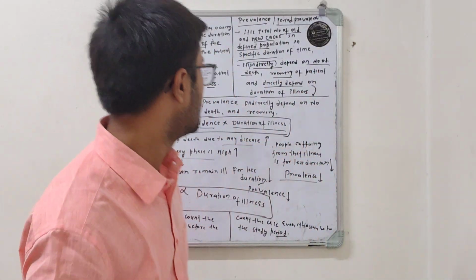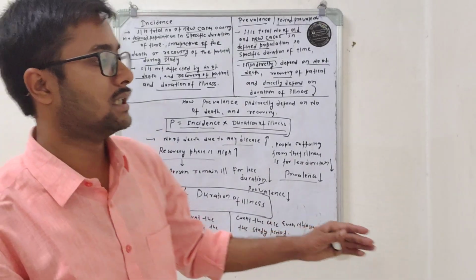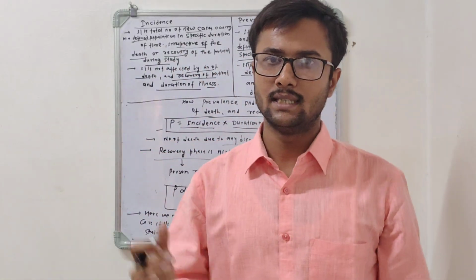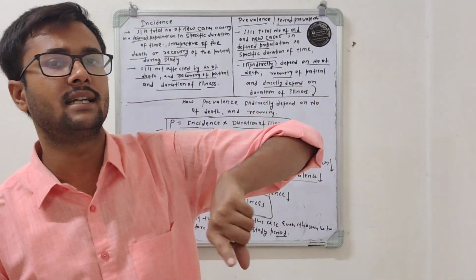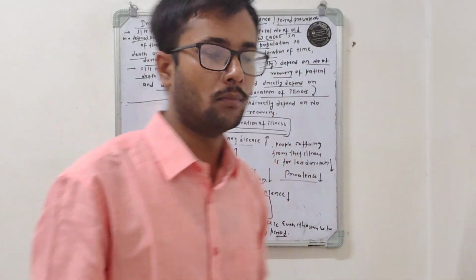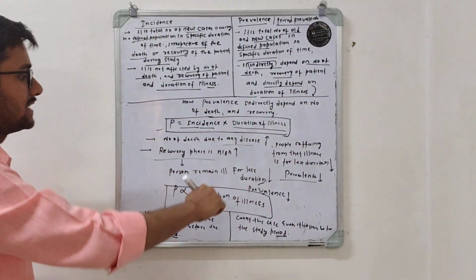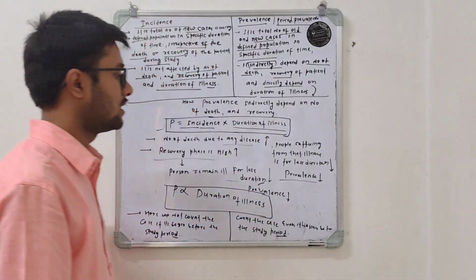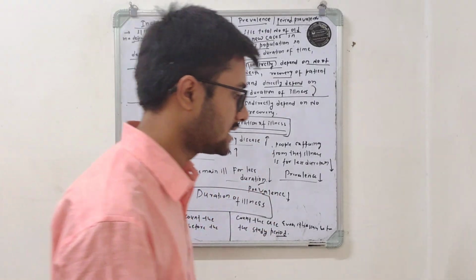So if any study suggests that the recovery rate is higher, then indirectly it tells that the duration of illness is less. So again, if the duration of illness is less, the prevalence is less.